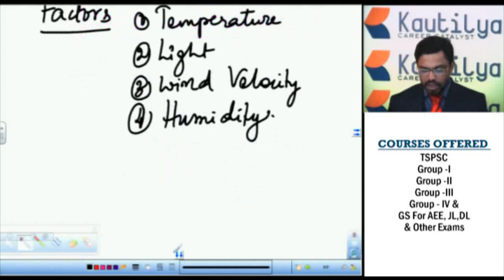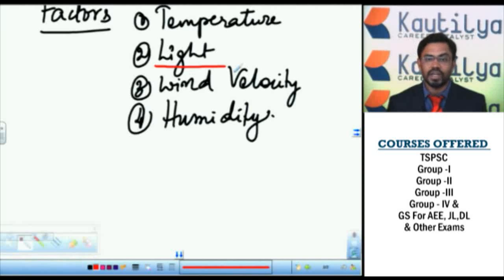When the temperature increases, the rate of transpiration also increases. Light doesn't have a direct effect on the rate of transpiration, but when the light increases, the temperature also increases, so it affects the rate of transpiration.